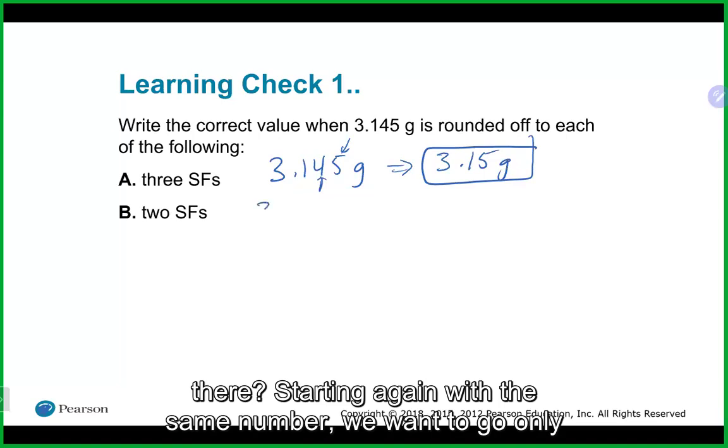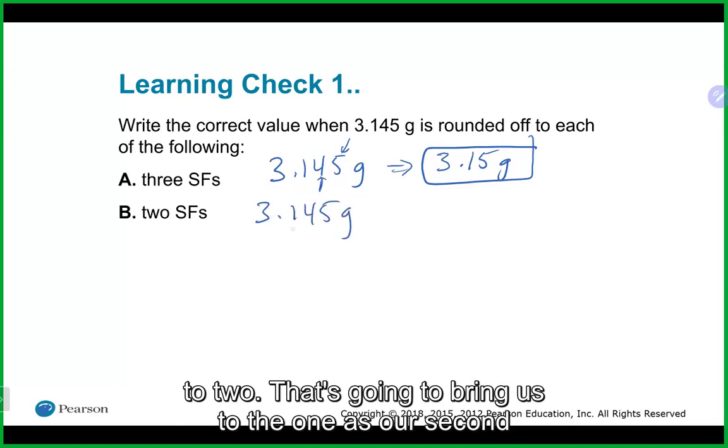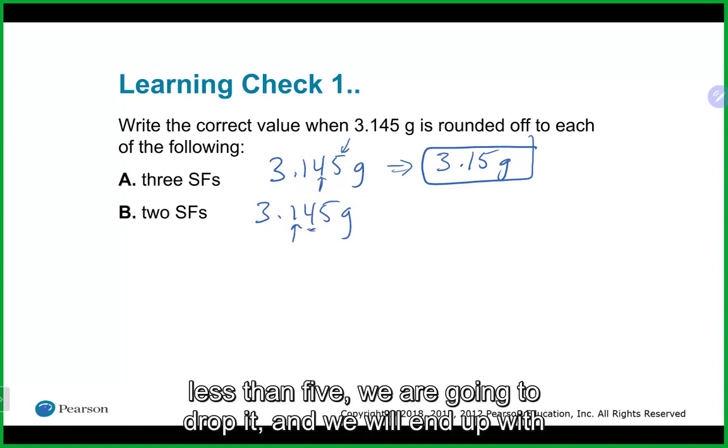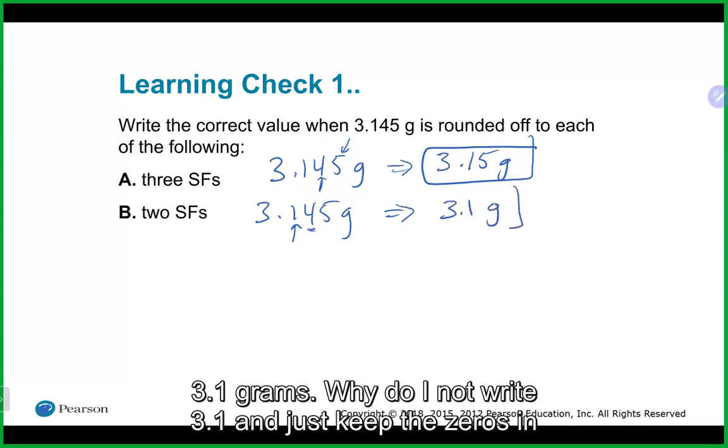Starting again with the same number, we want to go only to 2. That's going to bring us to the 1 as our second significant figure. Looking at the 4, in this case, it's less than 5. We are going to drop it, and we will end up with 3.1 grams. Why do I not write 3.100 and just keep the zeros in this case?